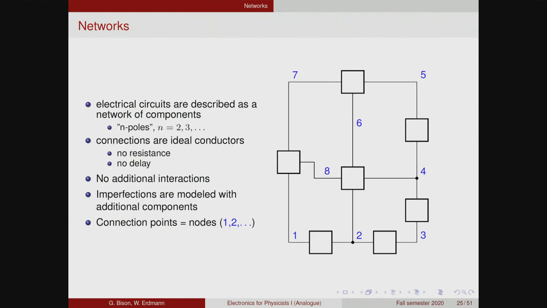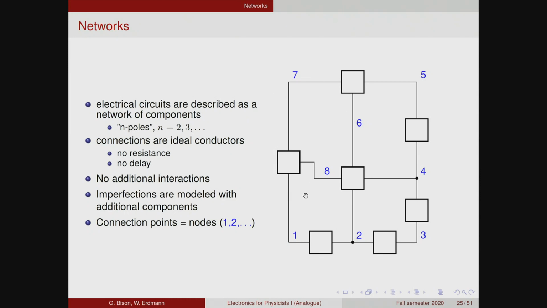The next subject I would like to go into is network analysis, and let's define what a network is. A network is electrical components connected by wires. The electrical components themselves can be n-poles.